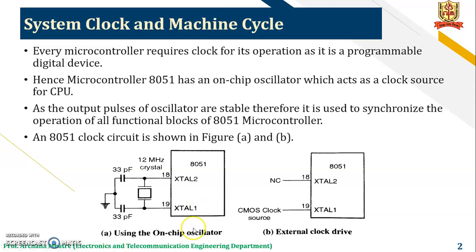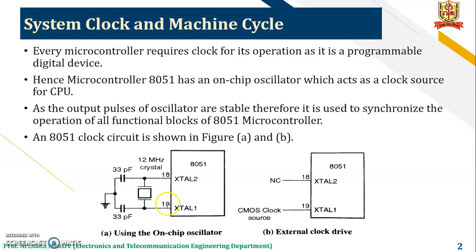Figure A is for using the on-chip oscillator, and figure B is for when an external oscillator is connected to the 8051. The on-chip oscillator is connected to the XTAL1 pin and XTAL2 pin, as we have studied in the last video.